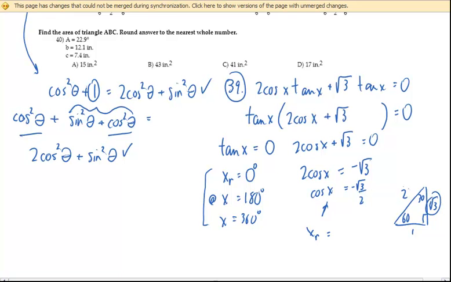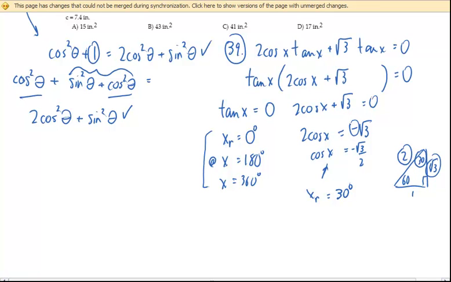So the adjacent over the hypotenuse is cosine, and that would indicate that my reference angle has got to be 30 degrees because it states that the value is negative. What quadrant do I have a 30 reference in where cosine's negative? Well, that would be a 150 degree angle and also a 210 degree angle.